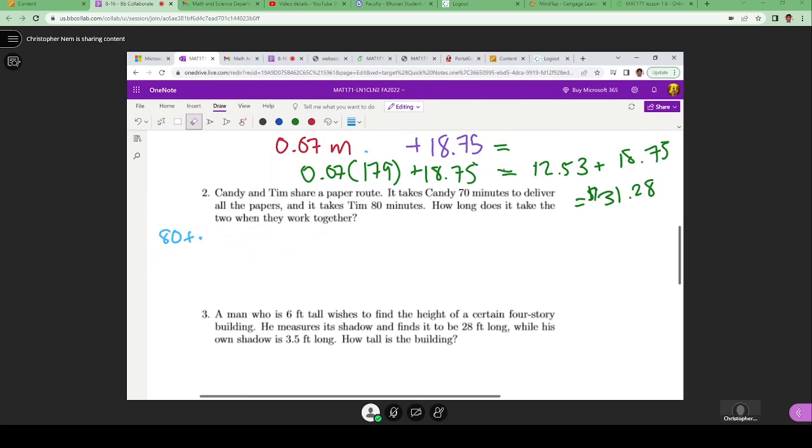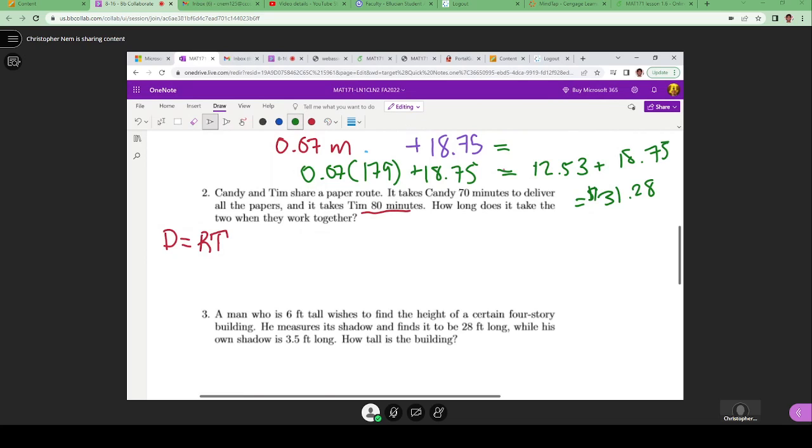So you're missing a lot of important details. First off, you're missing the rate that they're doing, the distance that they're covering, and the time it takes. So you need to understand that when we're talking about distance, the distance is equal to the rate times your time. Using this, we can solve for the rate. It's telling me it takes 80 minutes to finish delivering that paper.